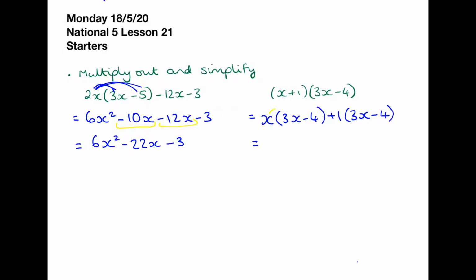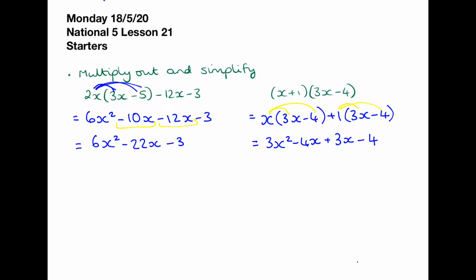So x times 3x is 3x squared. X times negative 4 is minus 4x. That's that bracket done. Then we've got 1 times 3x, so that's plus 3x. And then 1 times negative 4 is minus 4.